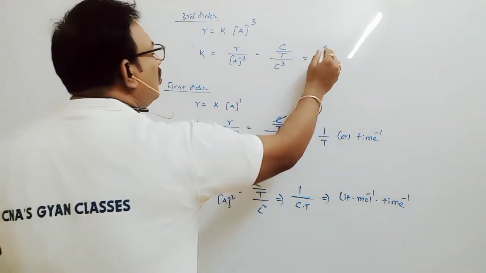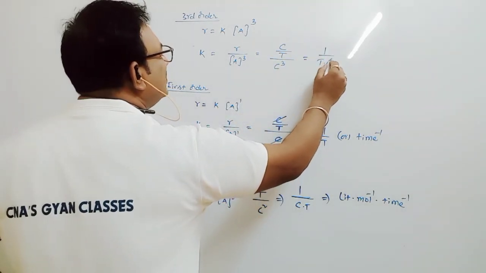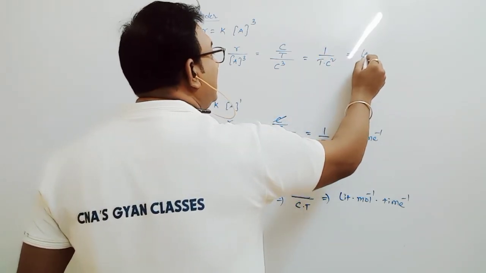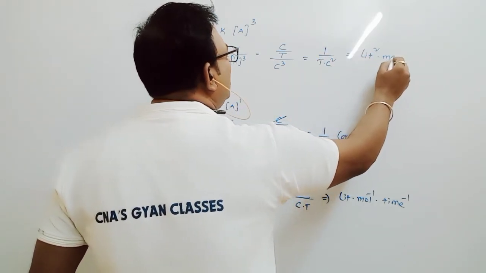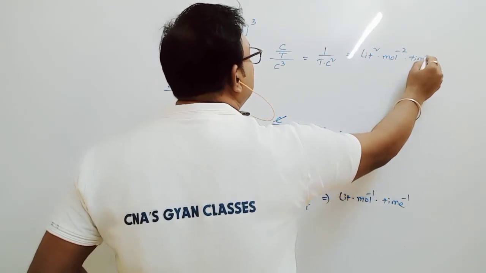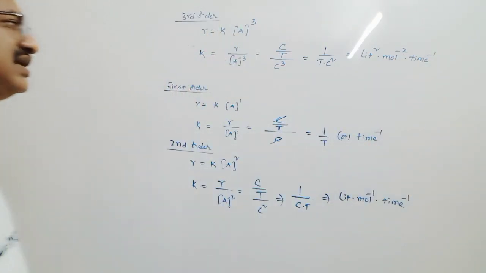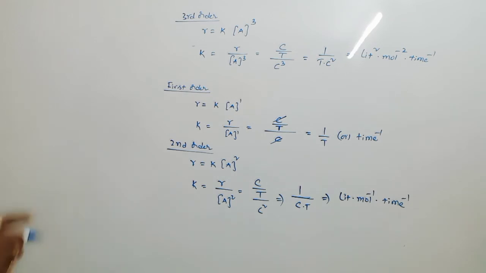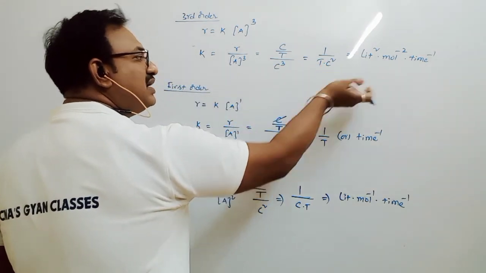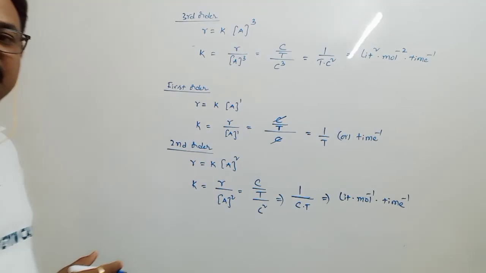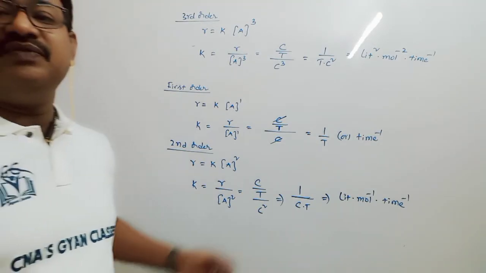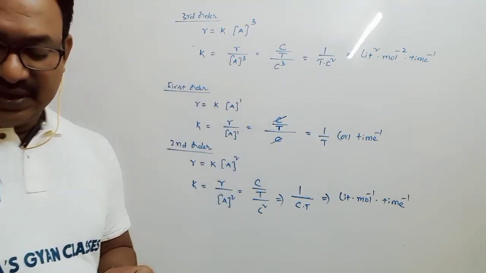So 1 by T into C square. That can be written as liter power 2 mole power minus 2 time inverse. Liter square, because mole by liter whole square comes, so liter square goes up: liter square mole power minus 2 into time inverse. This is for third order.